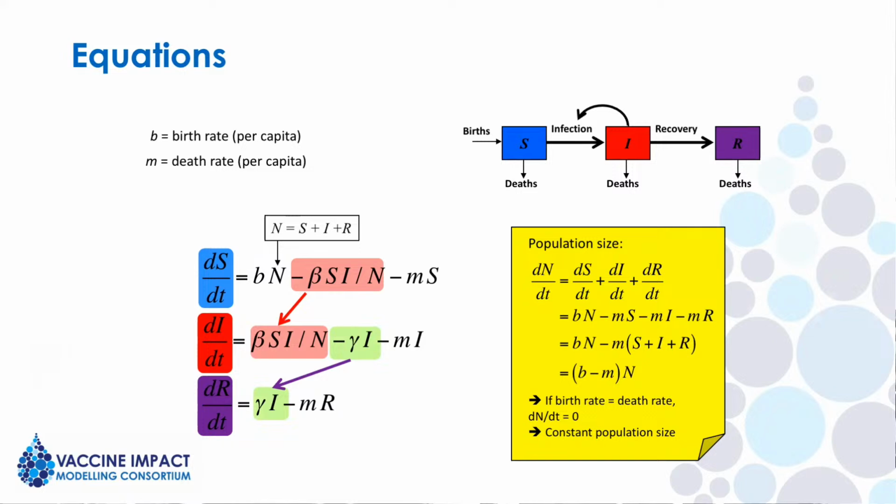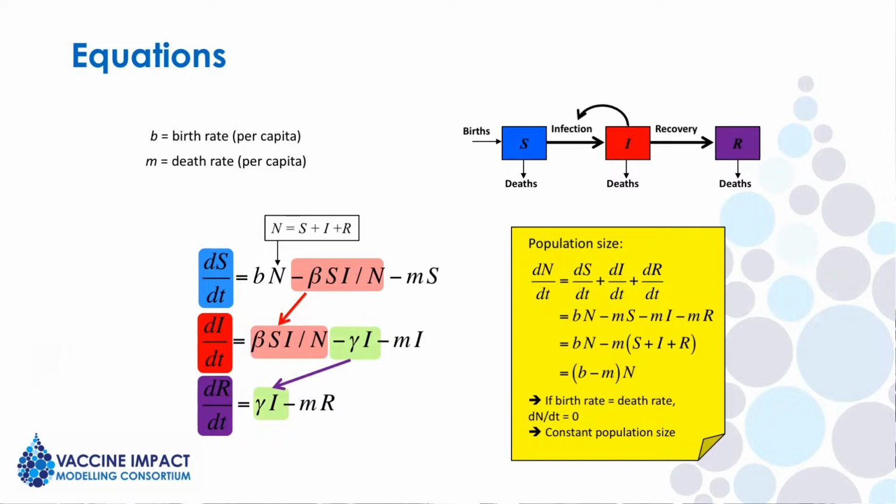So the differential equation for the total population is going to be the sum of the three differential equations for S, I, and R. If we add them up, a lot of the terms cancel. All of the infection terms cancel, recovery terms cancel, and we end up for our total population size with a differential equation that looks a bit like this: dN/dt is equal to (b minus m) times N.